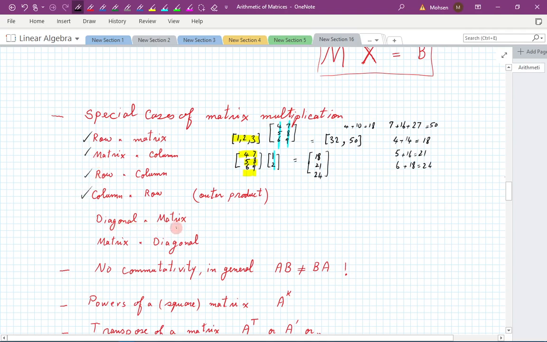Let's go now take a look at the special case of a diagonal matrix times a matrix, or a matrix times a diagonal matrix. You remember, a diagonal matrix itself was a matrix that had some entries on the diagonal, and everything off diagonal was 0.